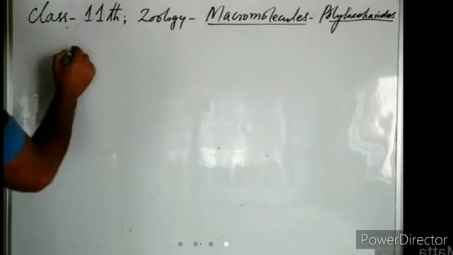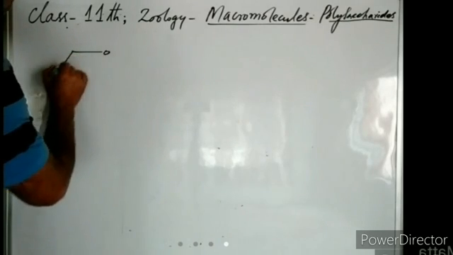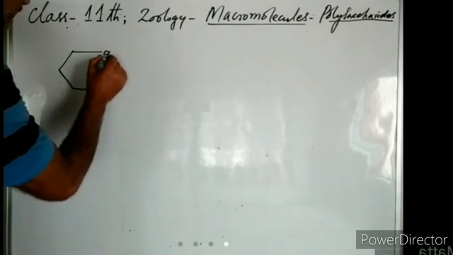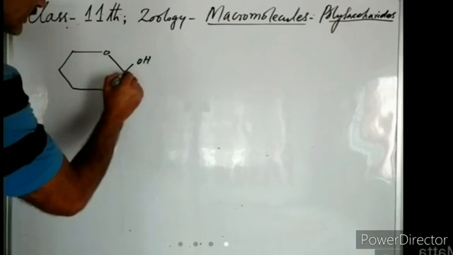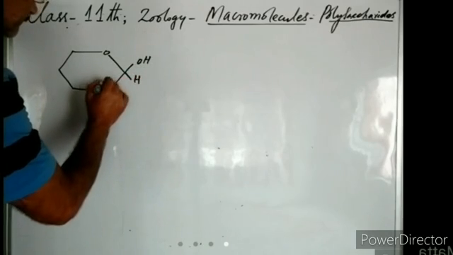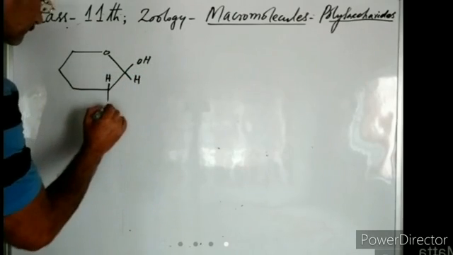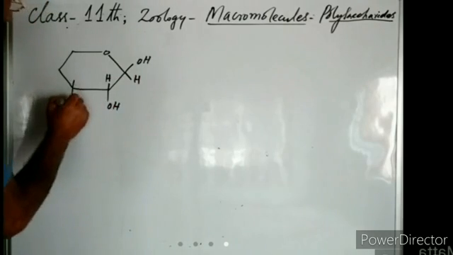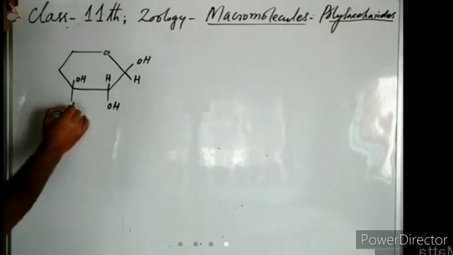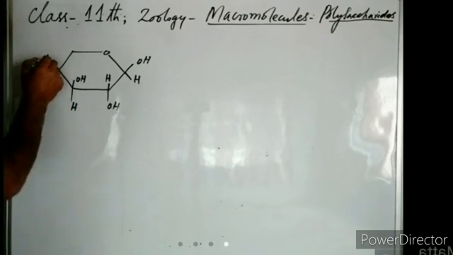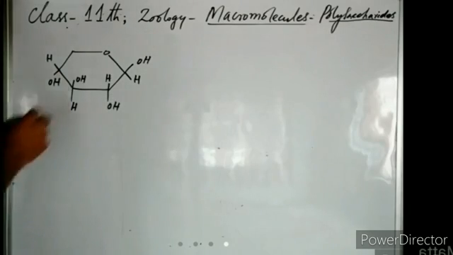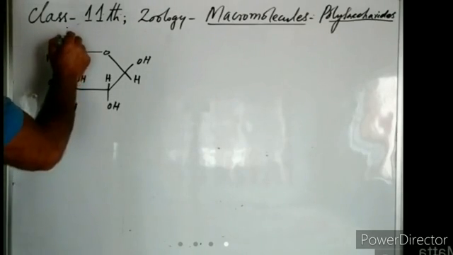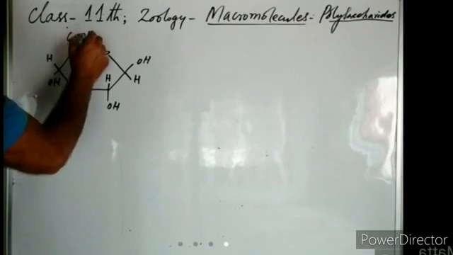So let us take a hexuronic acid. Hex means 6. So far it resembles glucose. It is actually a glucose which is modified. It has a COOH group here.